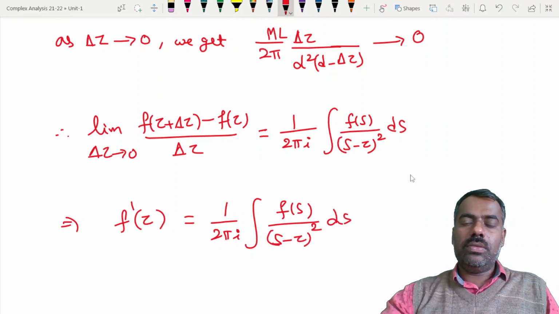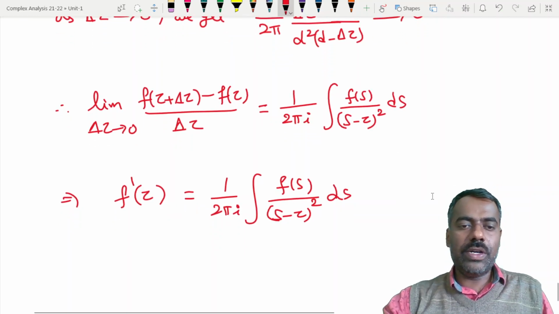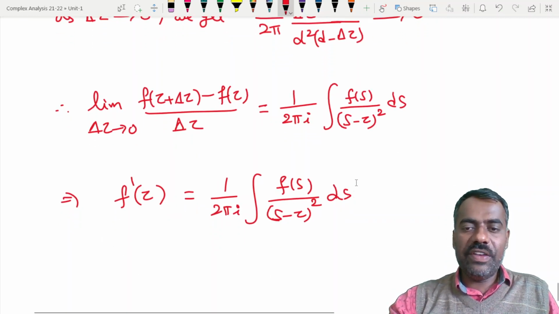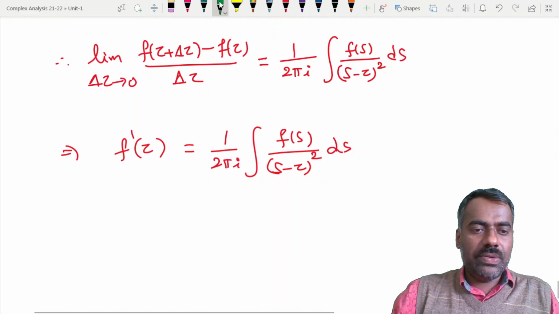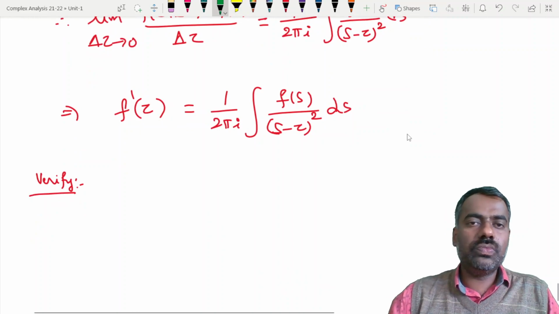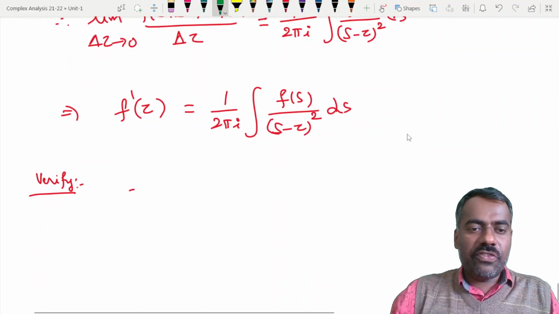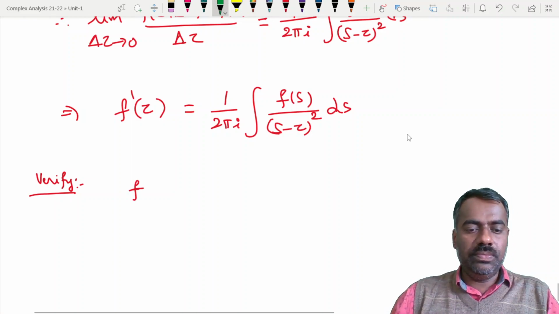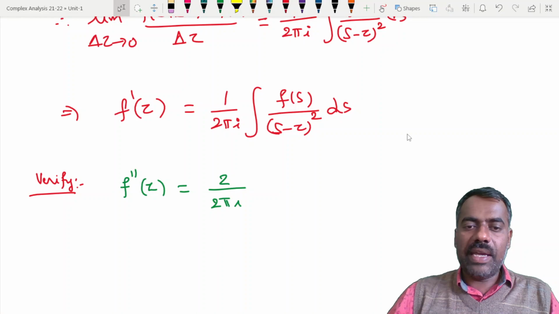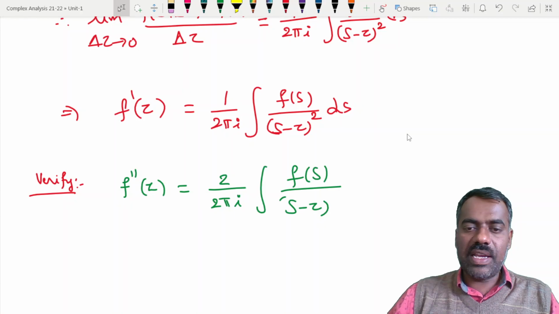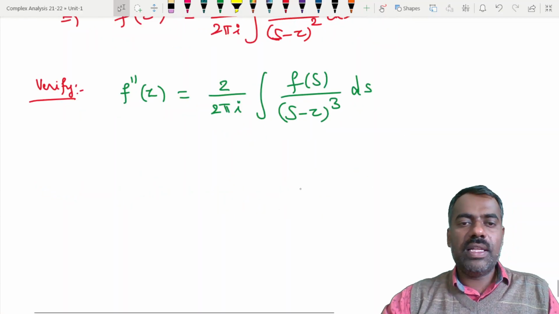Now, the same way you can do it for f double dash. If you want to do it for f double dash, you differentiate this one. I ask you to verify that f double dash of z is 2 by 2 pi i integration of f of s over s minus z whole cube into ds. How can we do this?